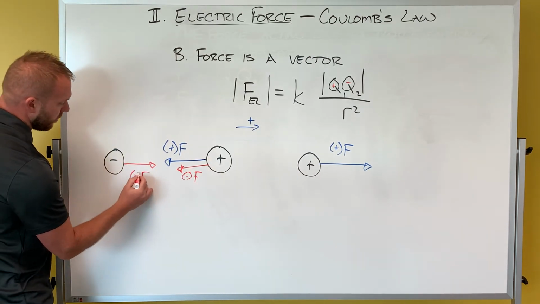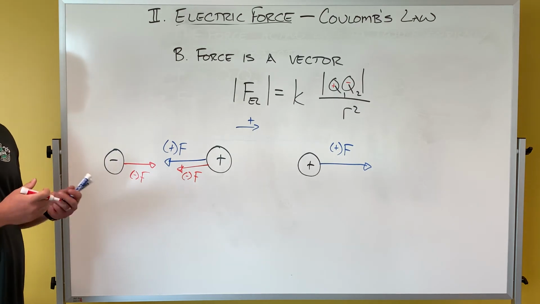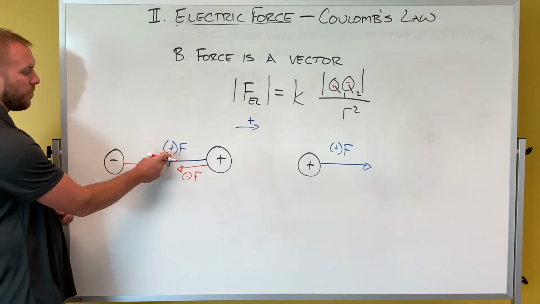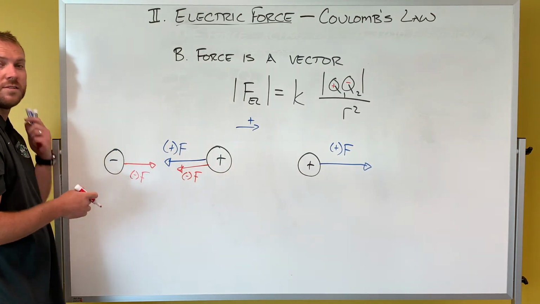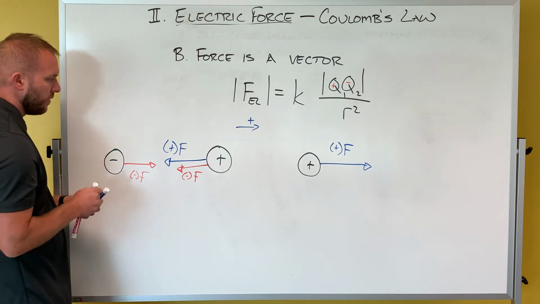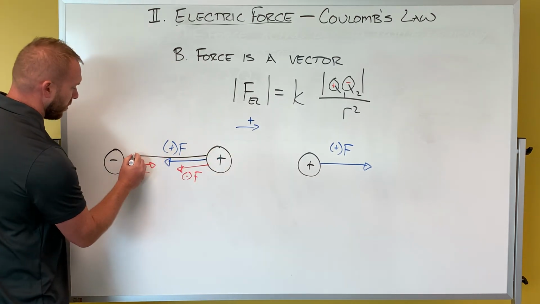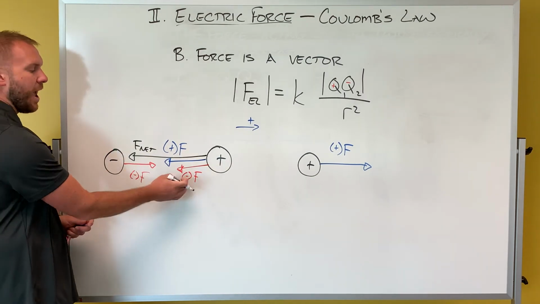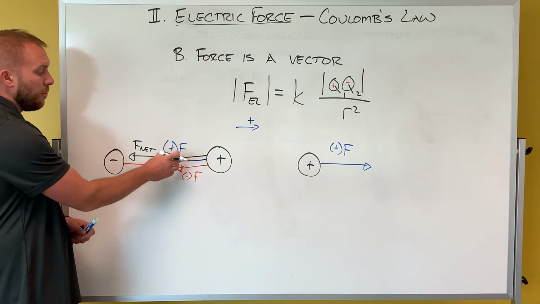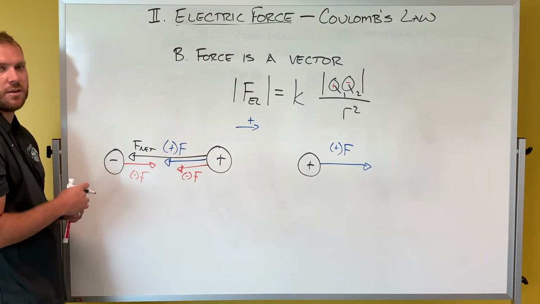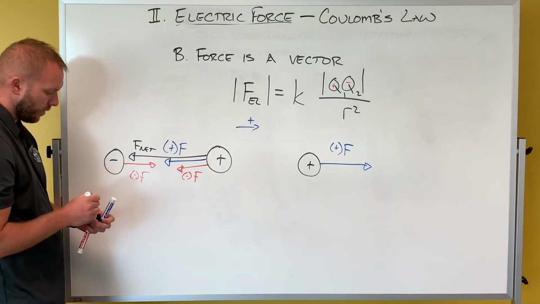Even though if we were to actually do the calculations, that's actually a negative force. But we see here a positive and a negative force are both pointing to the left. These forces add together. The net force in this situation would be to the left if we were to add those two forces together because they're both acting to pull this positive charge in this direction.